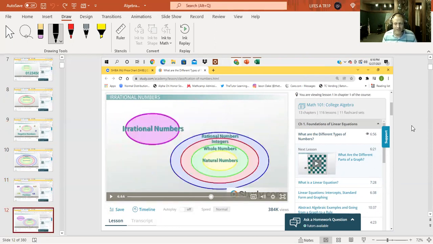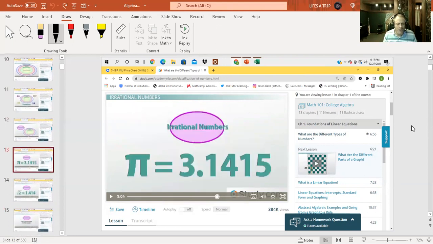Irrational numbers are separate from whole numbers, natural numbers, integers, and rational numbers. They're a separate group. Irrational numbers can be something like pi, which equals 3.1415. All of this, guys, you should be writing down.